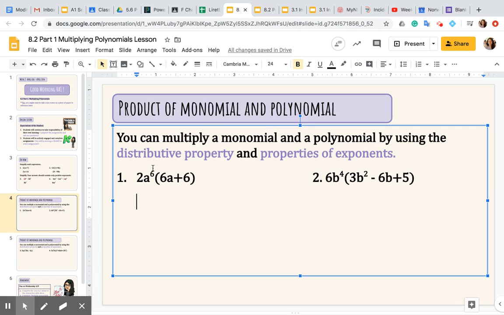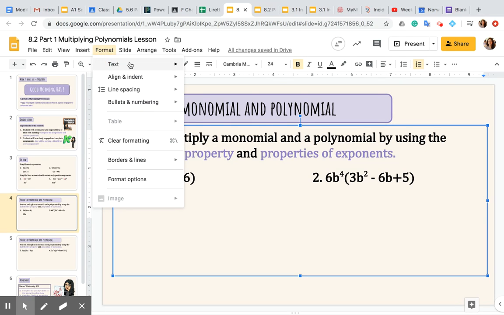2a to the power 6 times 6a. Well, these coefficients of 2 and 6, I can just multiply those together. 2 times 6 gives me 12. And then I know I'm going to have an a, and then to figure out what the exponent of that is, I'm going to have to take this exponent and add it with the understood exponent that's here, which is a 1. You may even want to add that in.